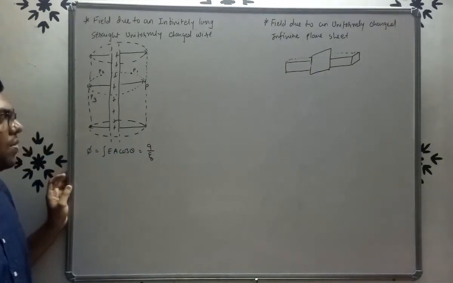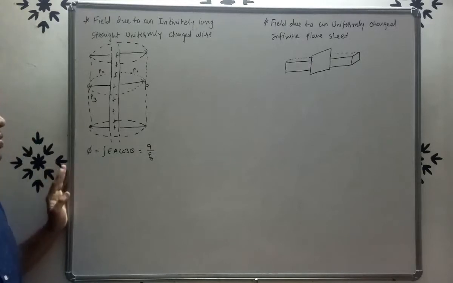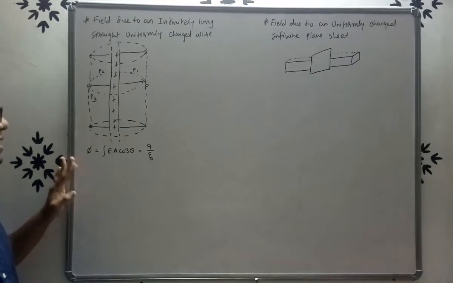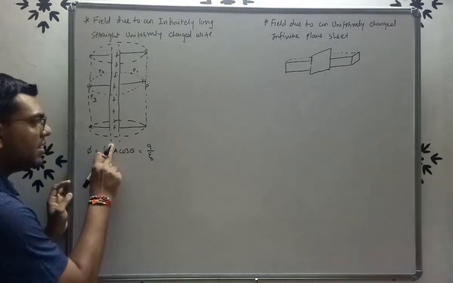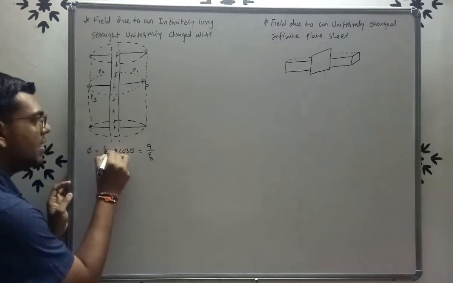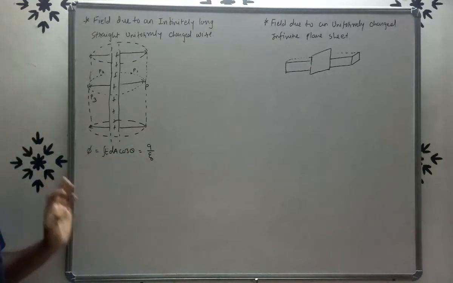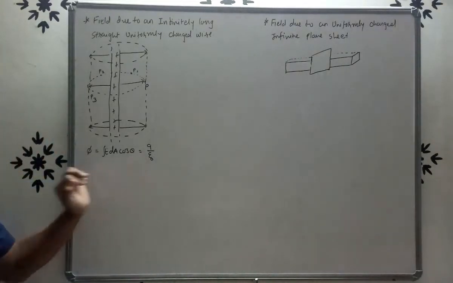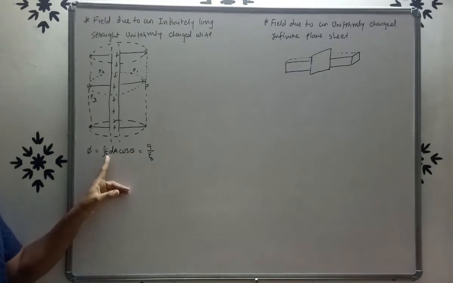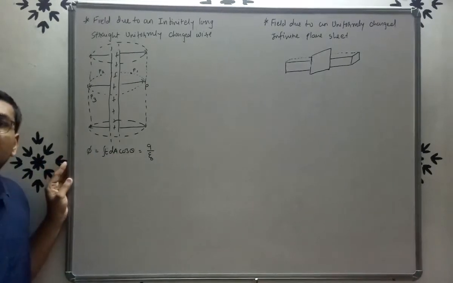If there is a component then you have to write integration of E dA cos theta equals Q by epsilon 0, where theta is the angle between electric field and area.